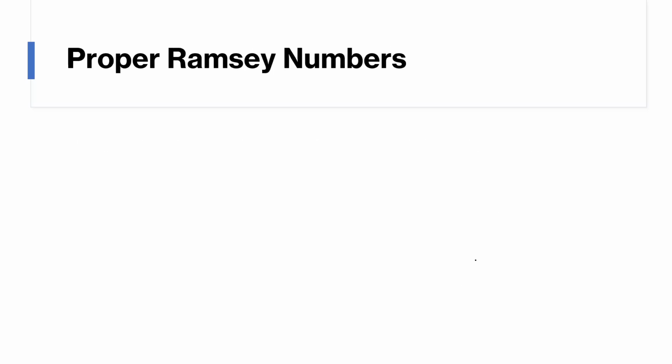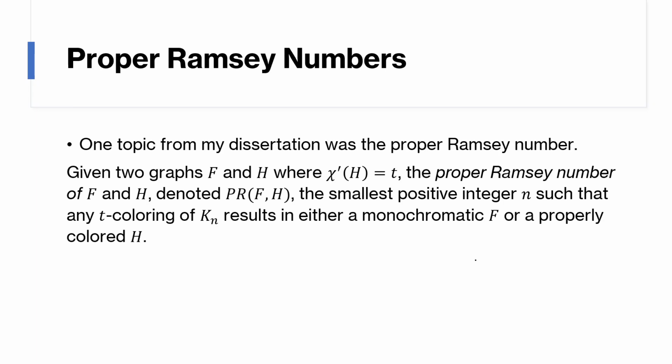One variation of this problem I studied for my thesis, and these are called proper Ramsey numbers. So take two graphs F and H, where the chromatic index of H is equal to t, so the fewest number of colors required in order to produce a proper edge coloring of H is t.